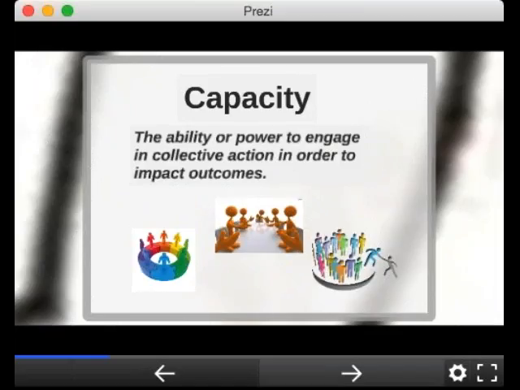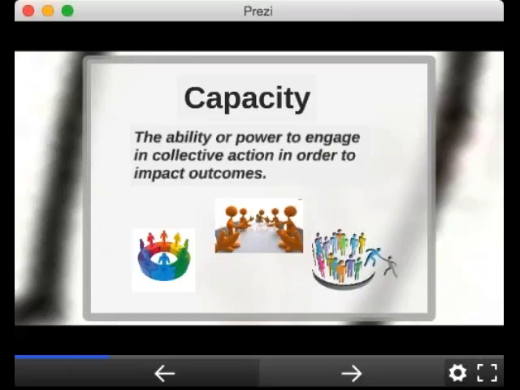For example, coalitions will collect data on their capacity. And capacity has many different definitions. The definition that we're using here is one that's a pretty familiar one that's consistent through a lot of the literature, and that is the ability or power to engage in collective action in order to impact outcomes. In other words, are you doing what you say you want to do?